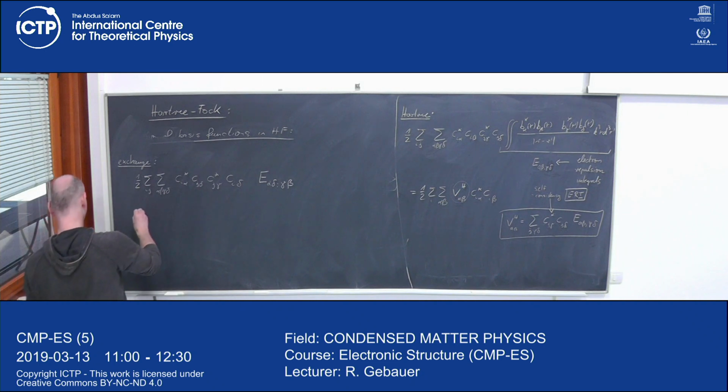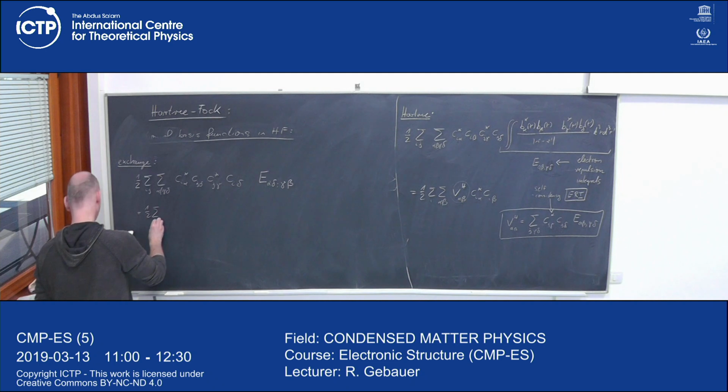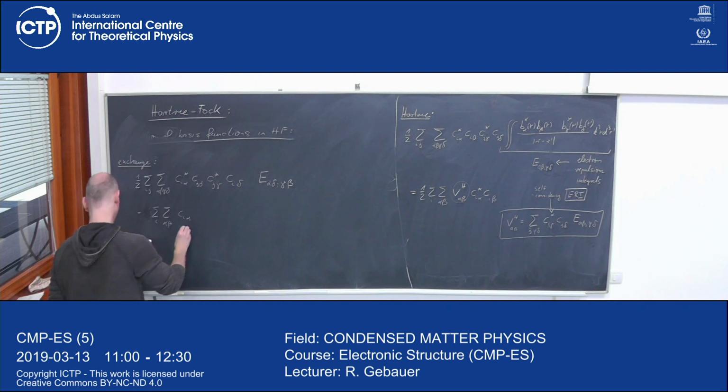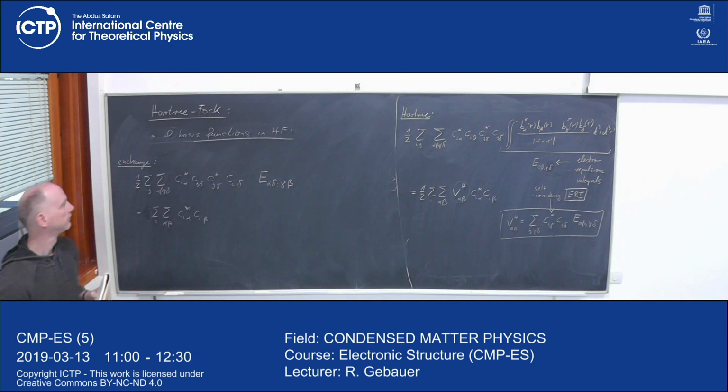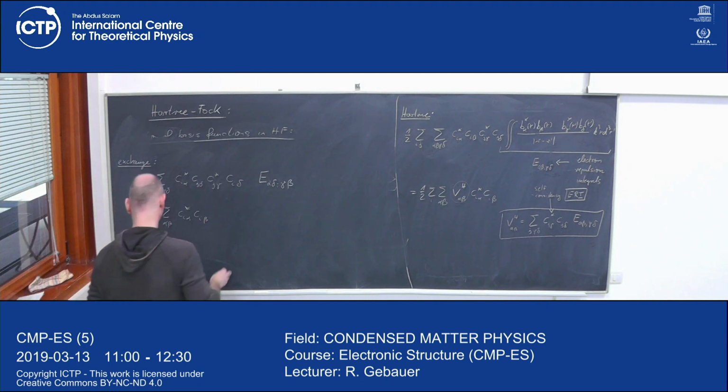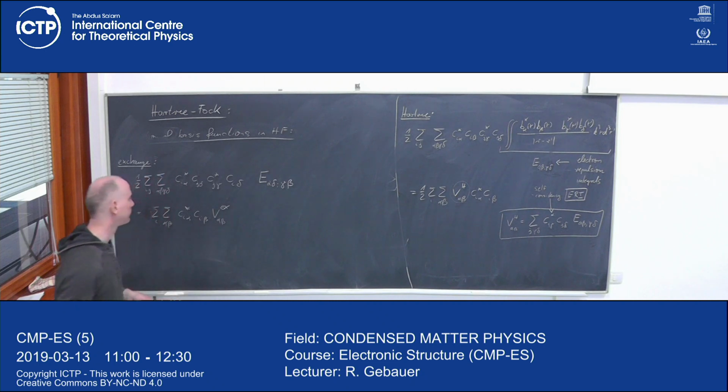So we can write this here then as, no, not 1/2. So simply sum over i, sum over alpha and beta, C_i alpha complex conjugate C_i beta, V alpha beta exchange, or Fock term.